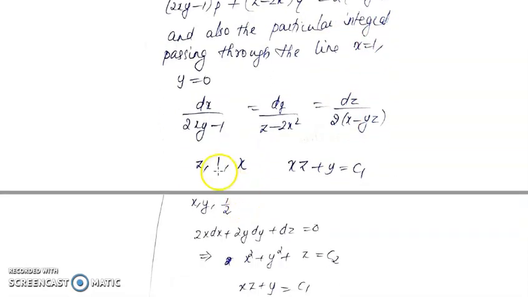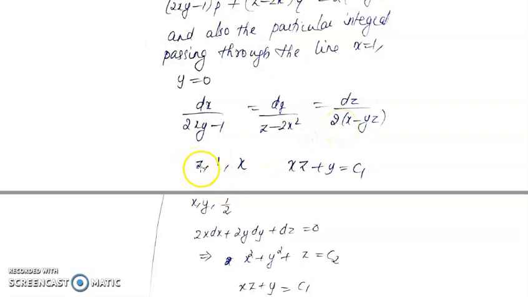So here I have skipped a few steps, so please try it out by yourself. If I take the multipliers z, 1 and x, then zp plus q plus xr is going to be 0.